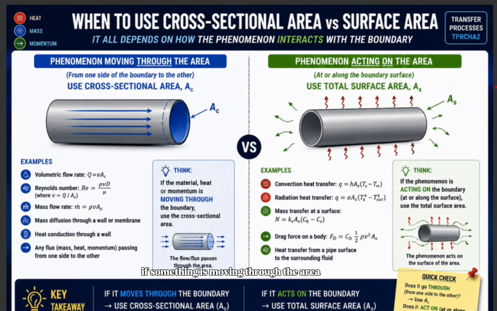If something is moving through the area, like water flowing inside a pipe, you are going to be using the cross-sectional area for that. So for your calculations of Reynolds number and stuff like that, when the fluid is flowing on the inside of a pipe, we are going to use the internal diameter.